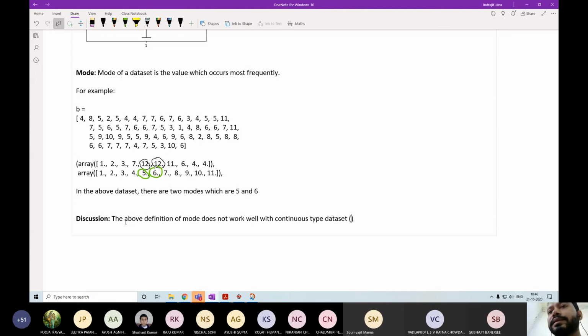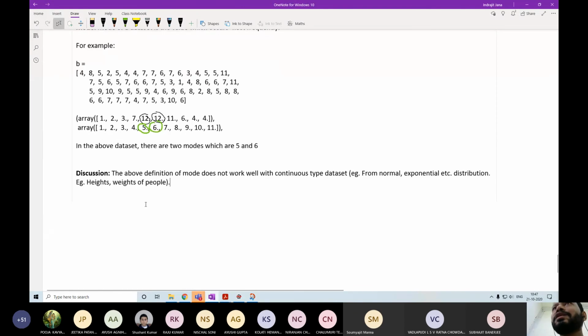For example, datasets generated from continuous distributions, like normal or exponential, right? Or if you're taking a data set which contains the heights or weights of people. These are all continuous type data sets, right? Because heights do not have to be a specific integer.